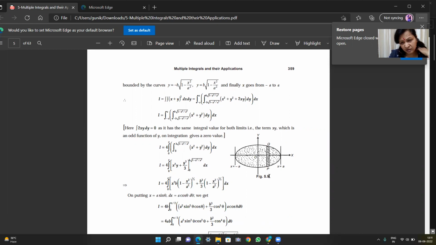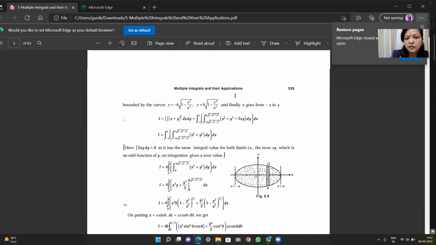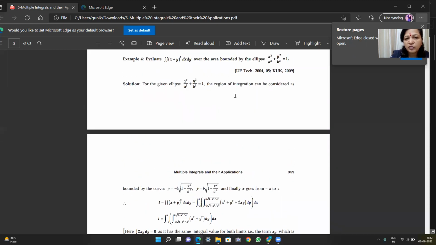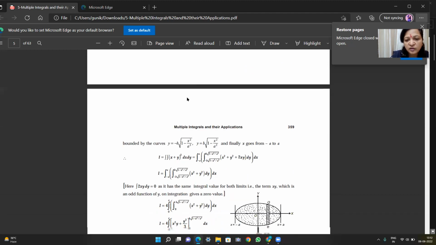When we take the strip parallel to y-axis, x varies from x equal to minus a to x equal to a, and through this formula we have y equal to plus minus b under root of 1 minus x square upon a square.